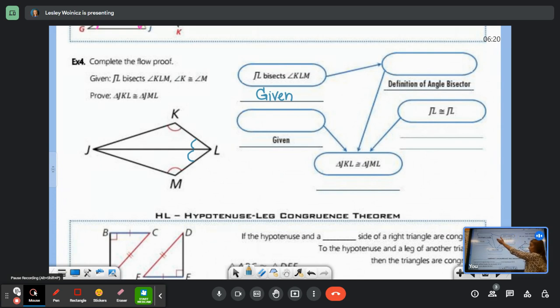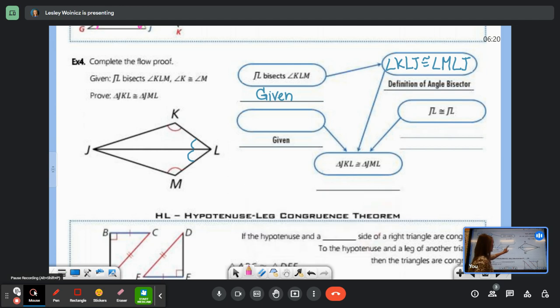That comes from the definition of an angle bisector. So I'm going to shoot off to the right and just fill in that part of the proof because we already talked about it. So angle KLJ is congruent to angle MLJ. Okay, that takes care of that information.